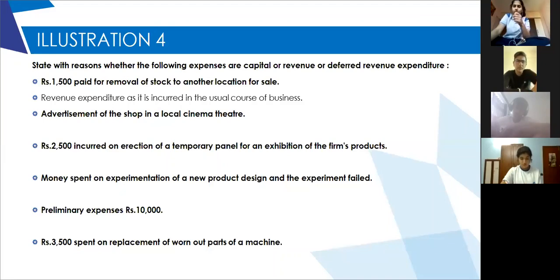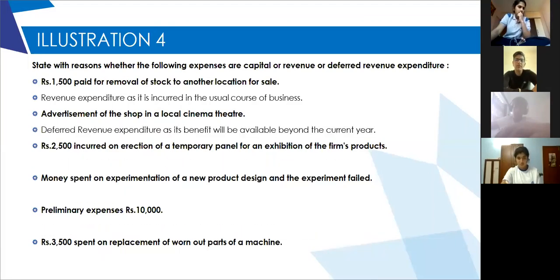Advertisement of the shop in a local cinema theater. Capital. Ma'am, but we are advertising. Yes. So heavy advertisement expenditure comes in what? I just explained, the benefit of it is more than one current year. So it will come under deferred revenue expenditure.